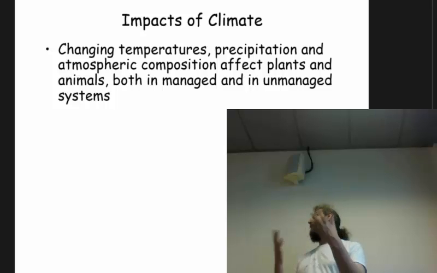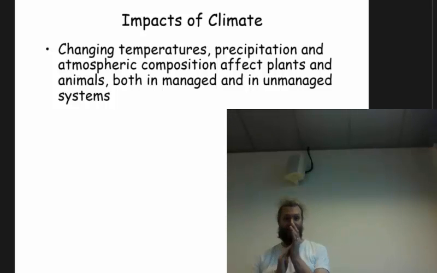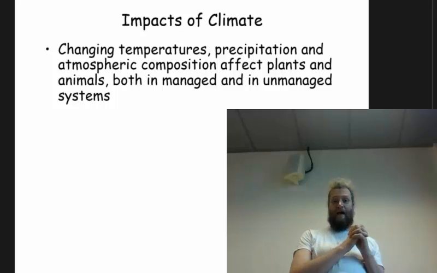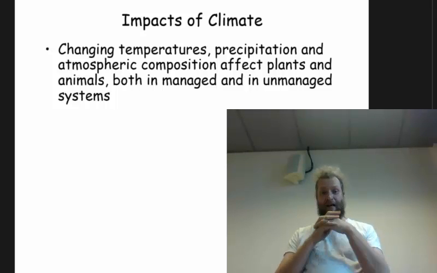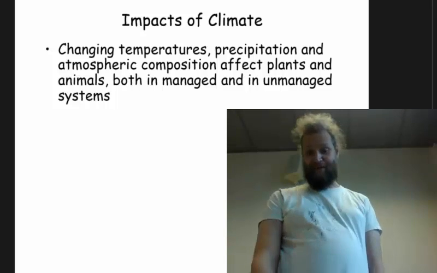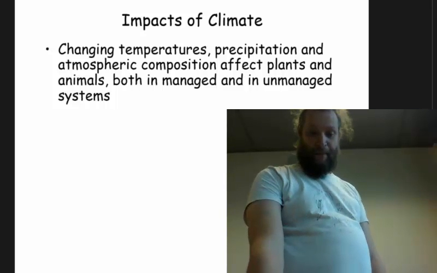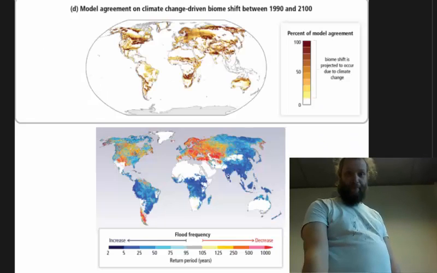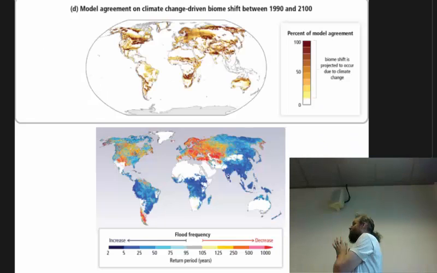So you would expect that if temperature is different, if precipitation is different, then vegetation would be very different as well. Let's look at the top map for now.